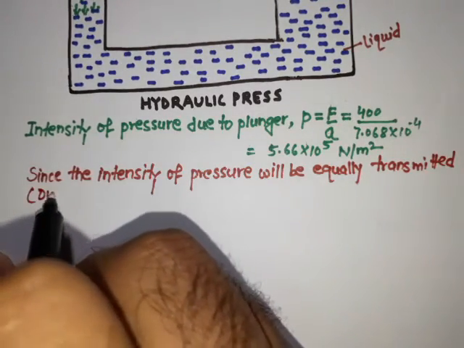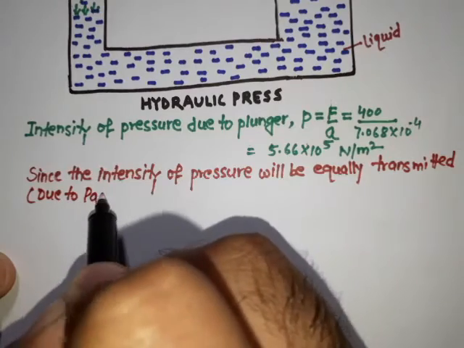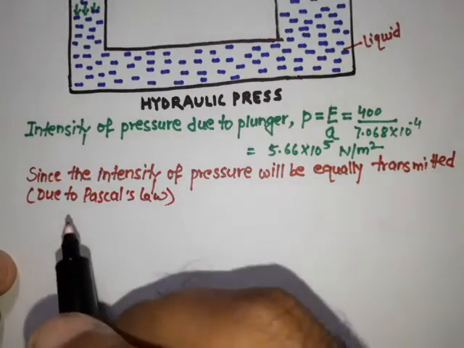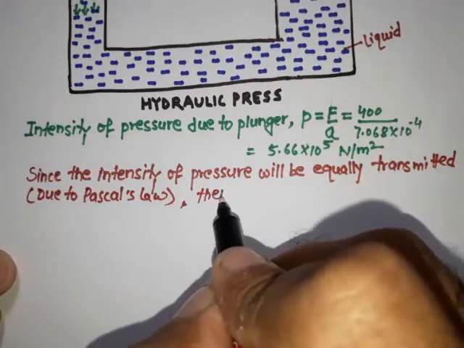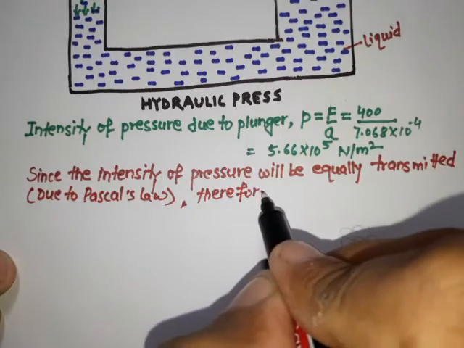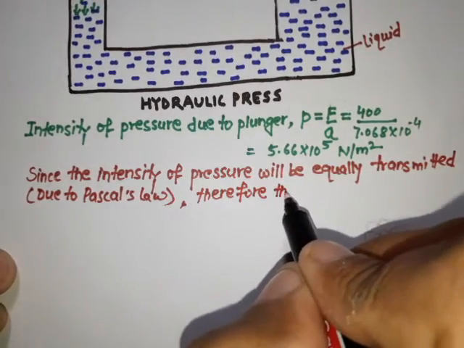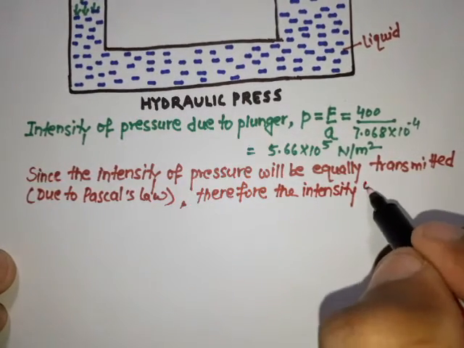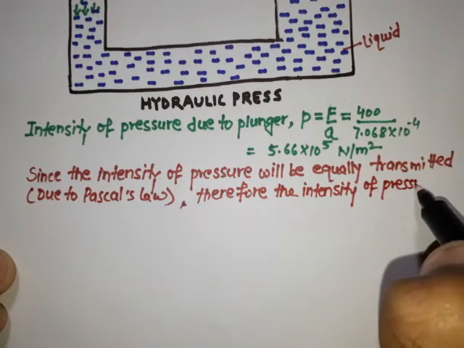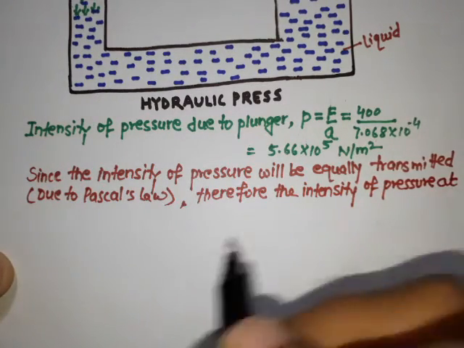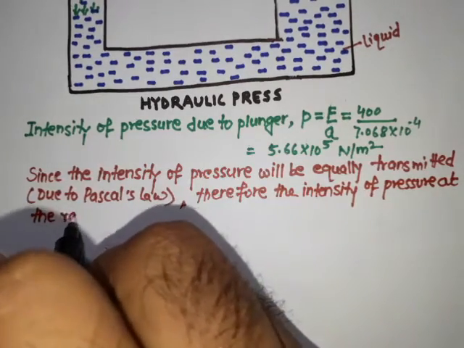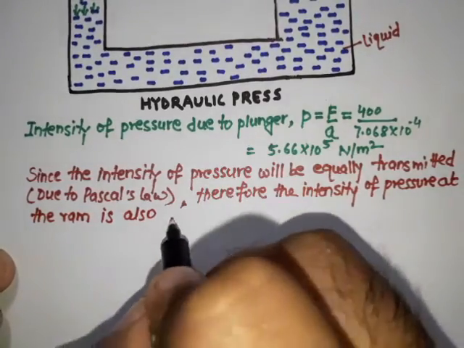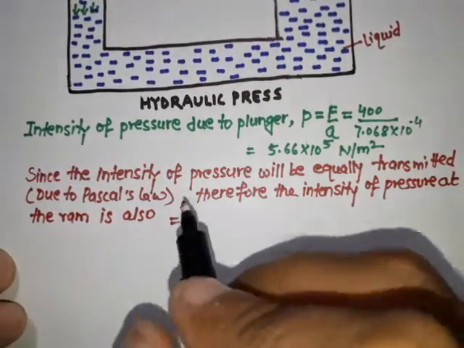Therefore the intensity of pressure at the ram is also equal to P, that is same as that of plunger.